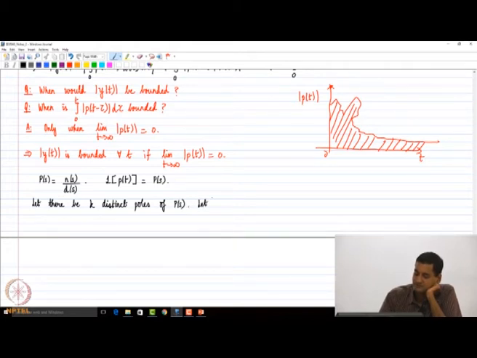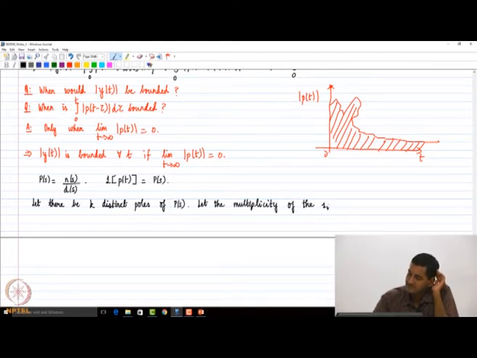Let the multiplicity of the pole s_i, with i going from 1 through k, be mu_i.